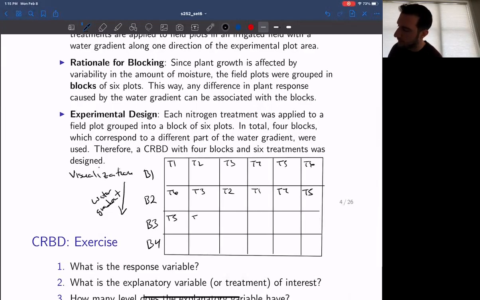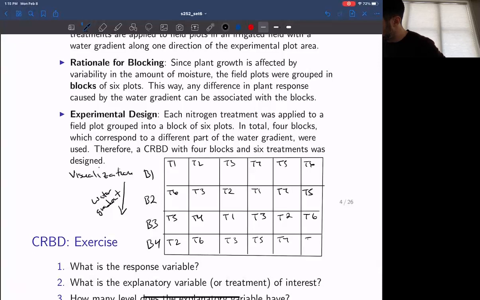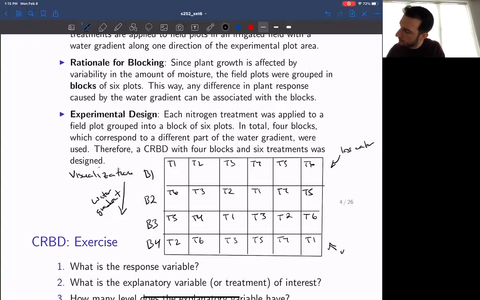So maybe T5, T4, T1, T3, T2, T6 again, whatever. And then T2, T6, T3, T5, T4, T1. I don't know, something like that. Randomly applied. So we know that there's going to be less water here and more water here.